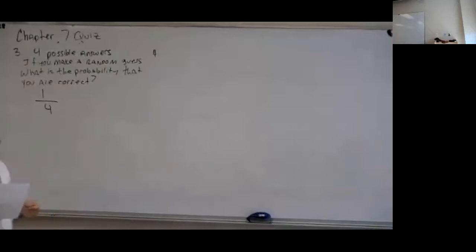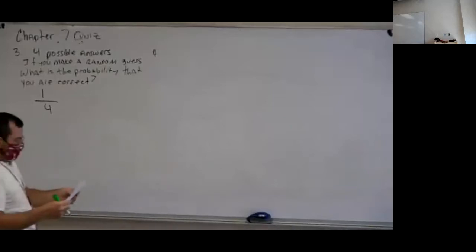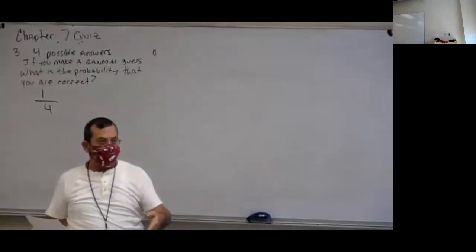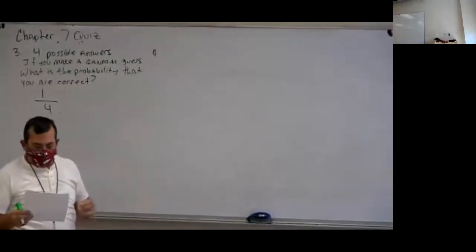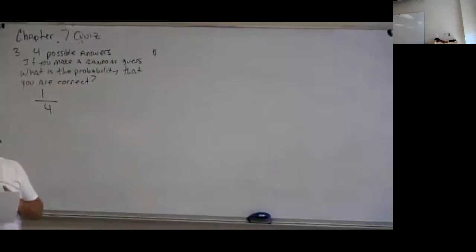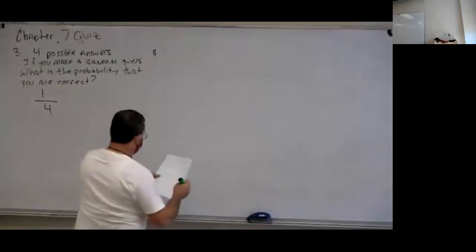All right, y'all, let's see, number 4. So they're wanting to use a theoretical method. That's the one where you figure it out on your own to determine the probability of the outcome or event.